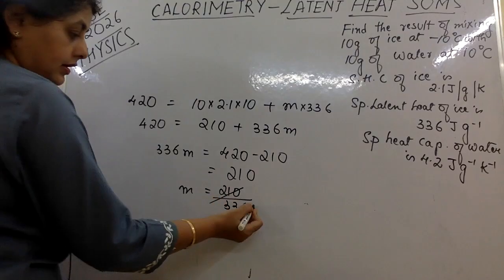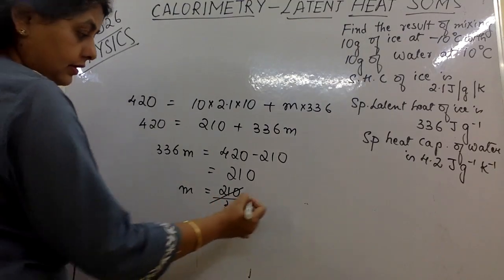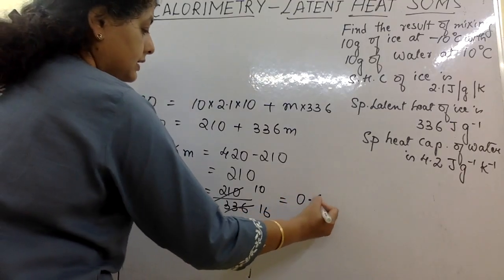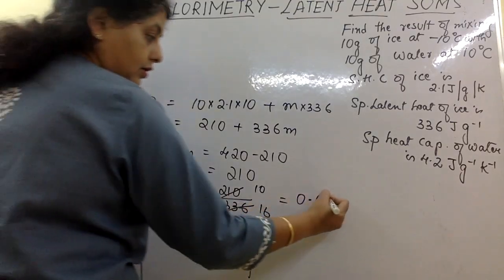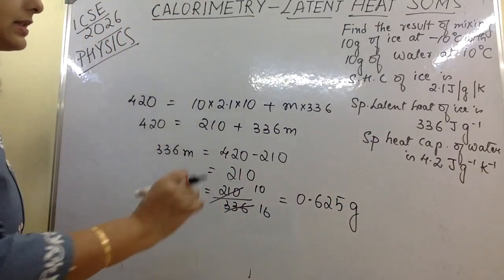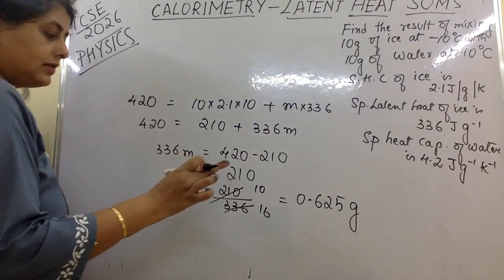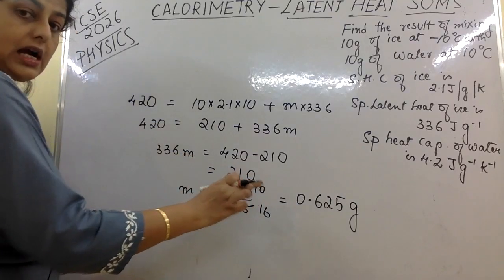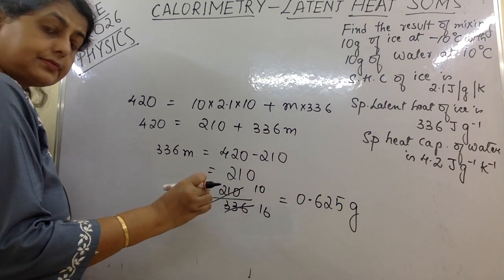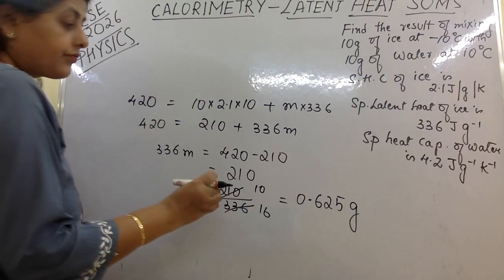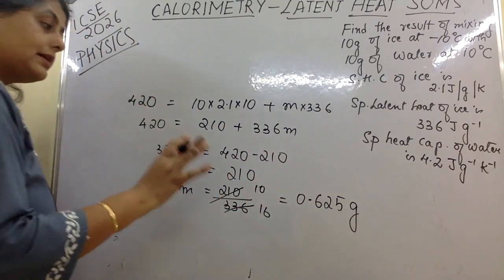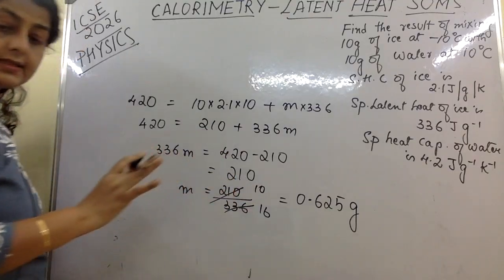If we work on this, we will get 10 by 16, which comes to 0.625 grams. That means you can see only very little ice melts out of 10 gram. Out of 10 gram, only 0.625 grams will melt and the rest will remain as ice.